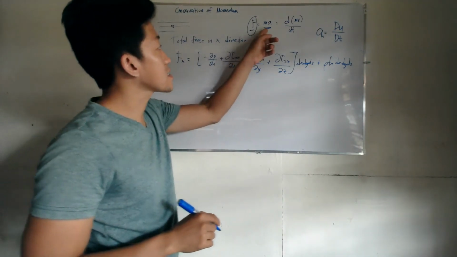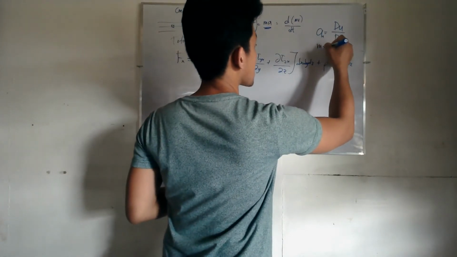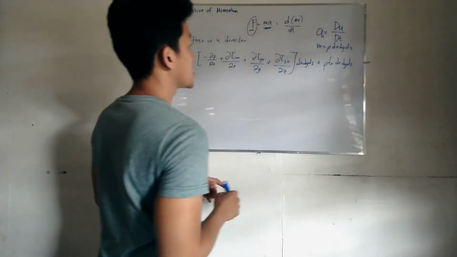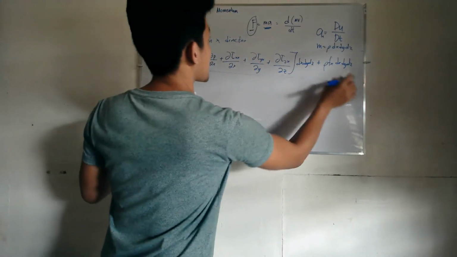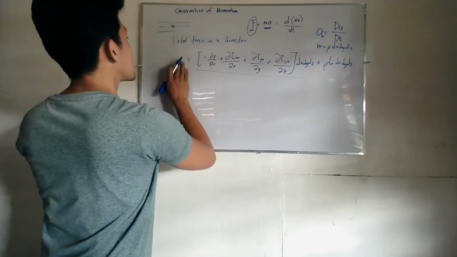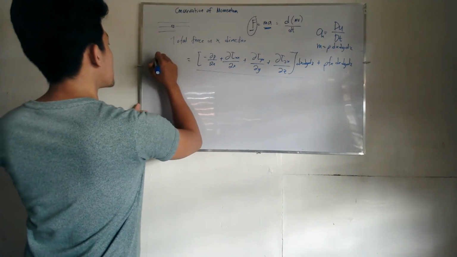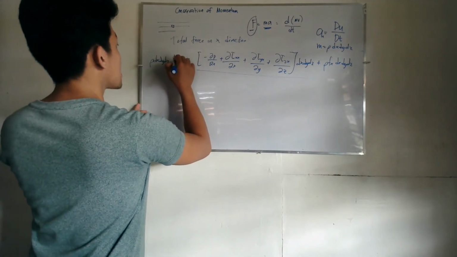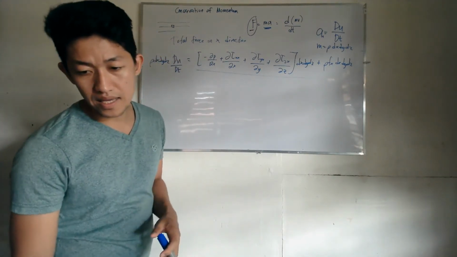Your mass is just rho dx dy dz. We equate this to m a, so we have rho dx dy dz du over dt. Okay?